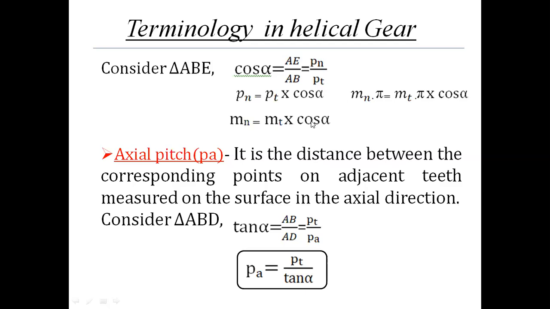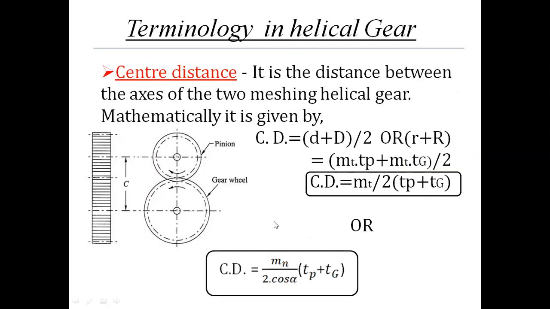So in terms of normal module, the center distance you can write as mn divided by 2 cos alpha into bracket tp plus tg.